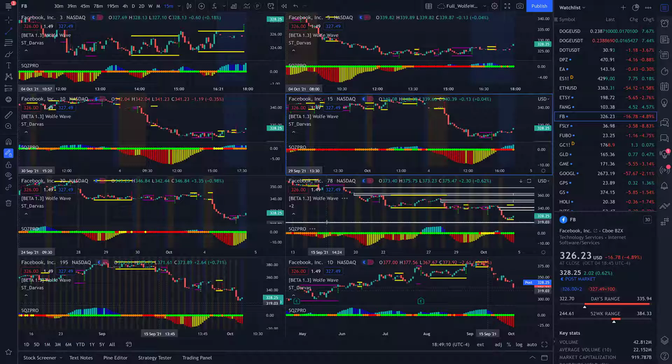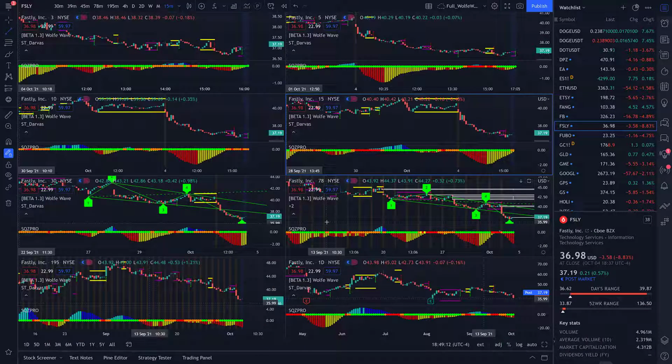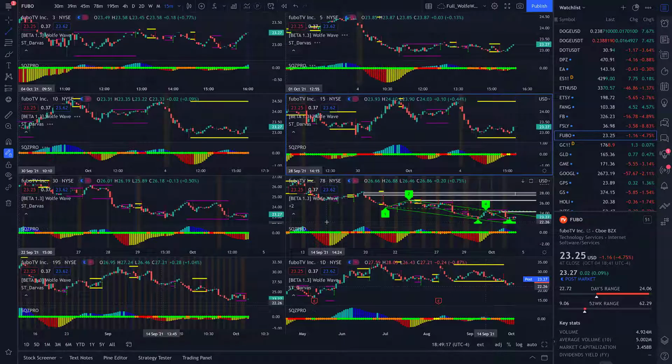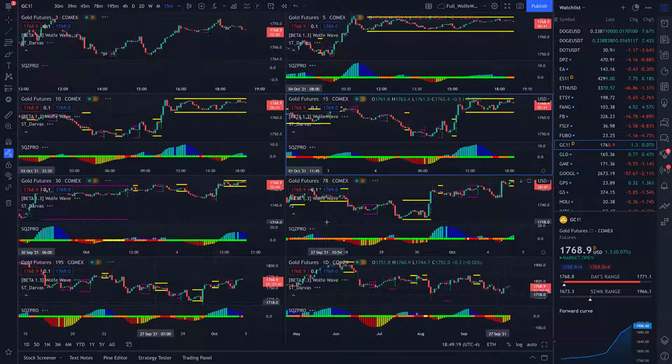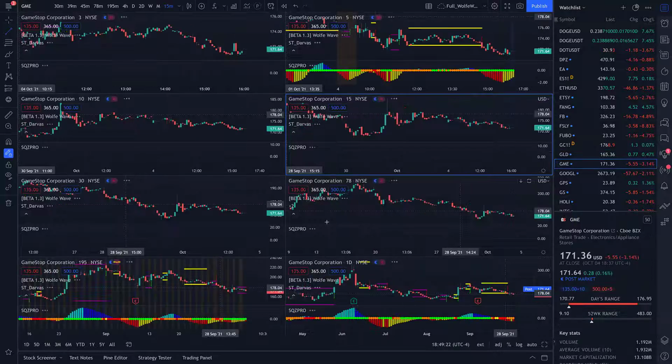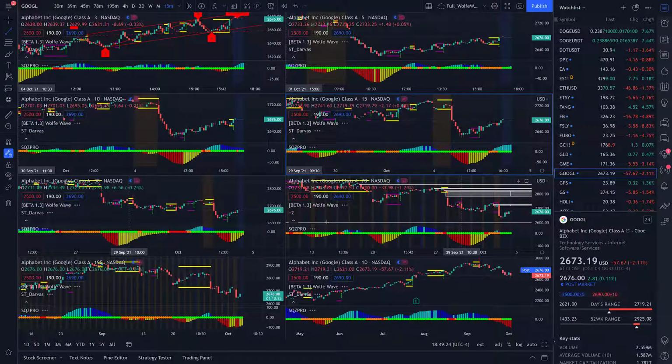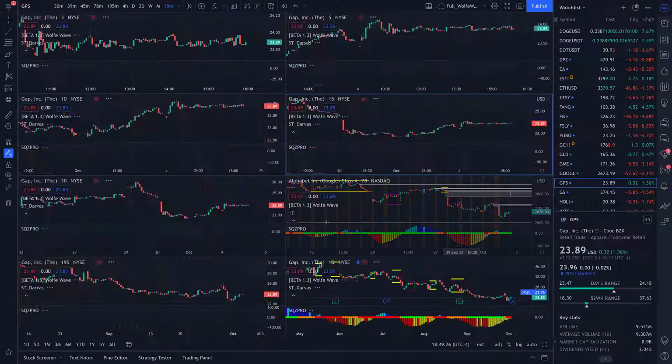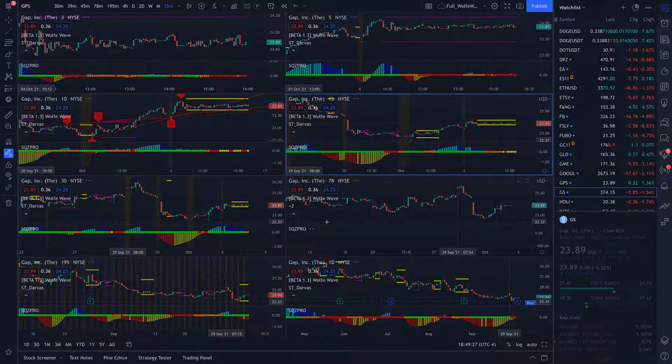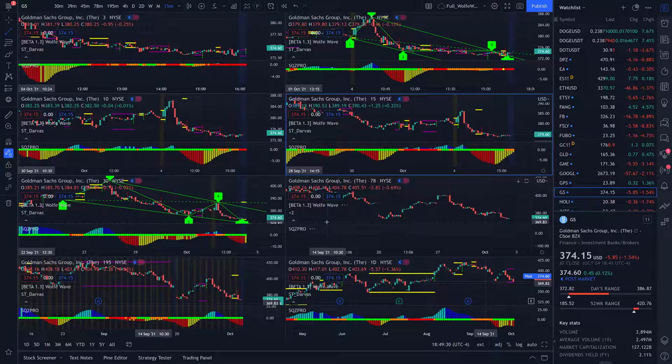Facebook, there's nothing there. Okay, Fastly, it's a 2-digit stock. Fubo, gold. We had a great one on Google, but that one collapsed on us. GS.